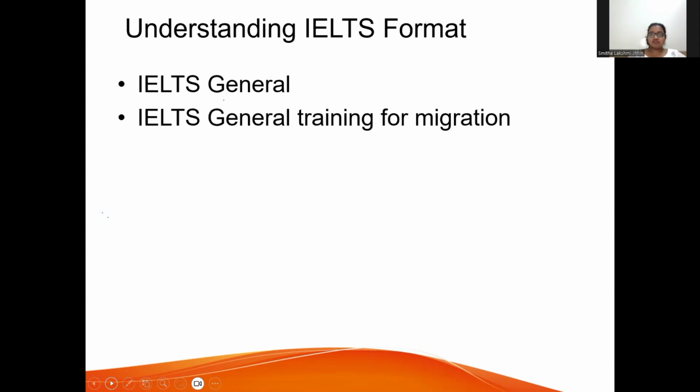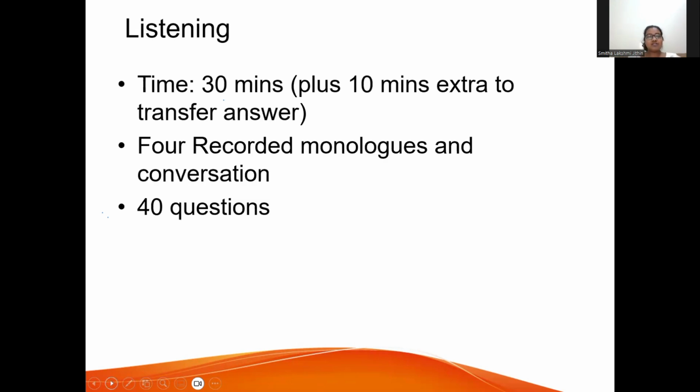The examination assesses your listening, speaking, reading and writing skills. In academic, the reading as well as the writing is different. For general and academic, you will have the same listening and speaking. So coming over to the listening.